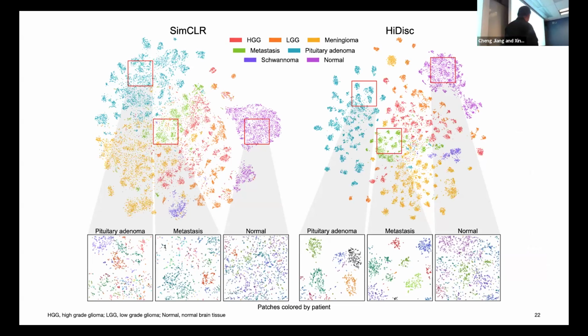What we can see here is that both HiDisk and SimCLR do pretty well in terms of learning a good representation, but HiDisk is better in the sense that different tumor types are better separated. We can also see subclusters within different tumor types, and these subclusters actually do correspond to different patients. This is not something that we are asking the model to do.